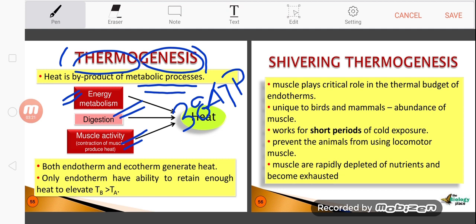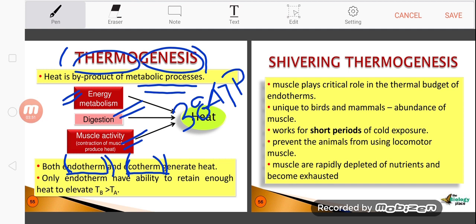Okay, this second point here, both endotherm and ectotherm generate heat. We have many types of animals. In terms of heat sources, for the endotherm, the heat comes from inside the body, endo, and for the ectotherm, the heat comes from outside, ecto.